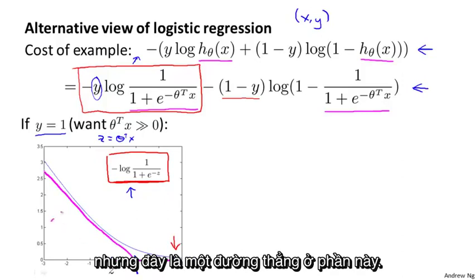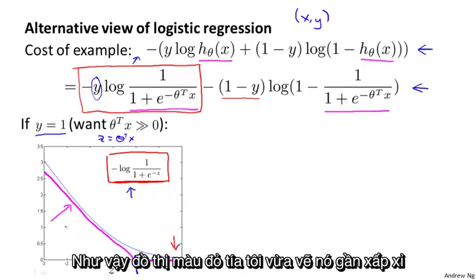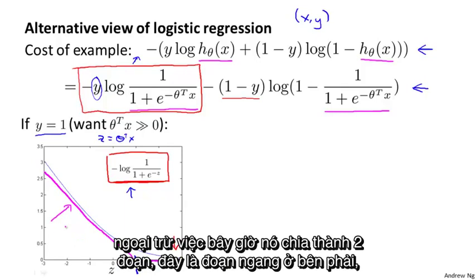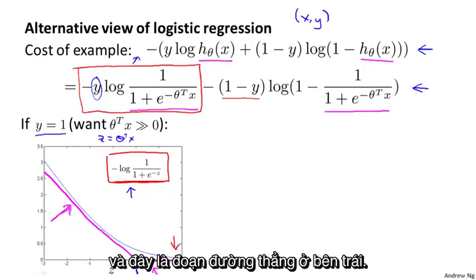So the curve that I just drew in magenta was a pretty close approximation to the cost function used by logistic regression, except that it's now made up of two line segments. There's this flat portion on the right, and then there's this straight line portion on the left.